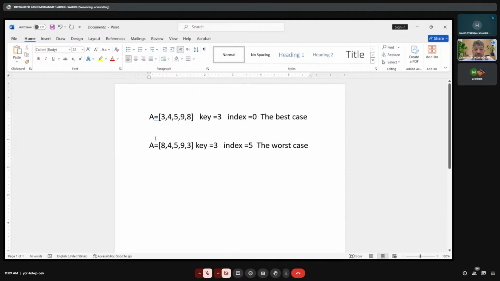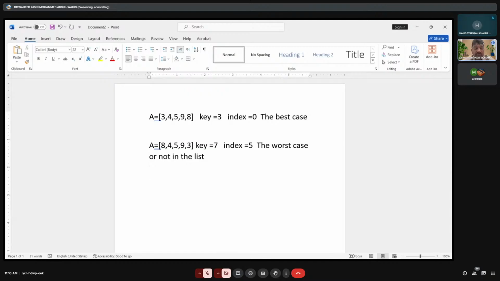So I have to compare the first one, second one, third one, fourth one, and the last one. So the worst case is 5, or not in the list. Even if it is not in the list, it will be the worst case. Here I compare 1, 2, 3, 4, 5 and I didn't find it. If I search for something like 7, which is not here, it will be the worst case.